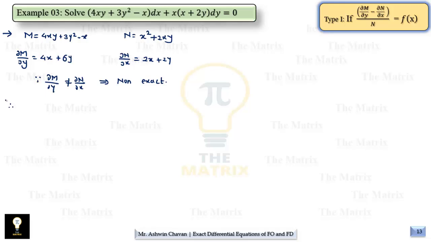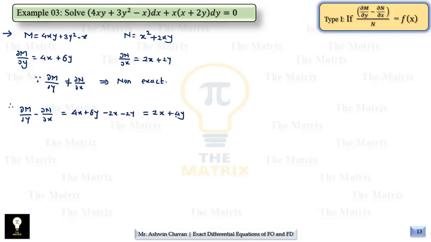So their subtraction will give us a function of x and y. If we divide throughout by either N or M, we should get a function of either x or y, not both. So let's see what dou M upon dou y minus dou N upon dou x gives us. This is 4x plus 6y minus 2x minus 2y, so it gives us 2x plus 4y.